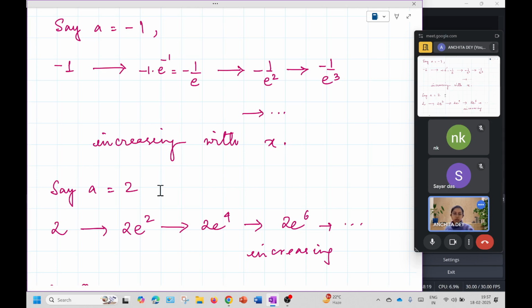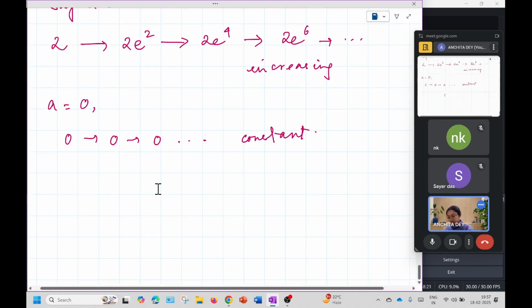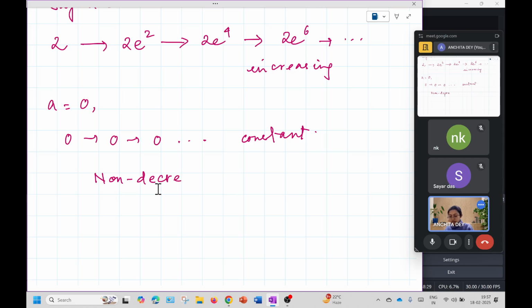If you keep on trying, you would observe that it has a non-decreasing nature. It would either increase or stay constant. So our first condition is satisfied, that f dash is non-decreasing in nature.